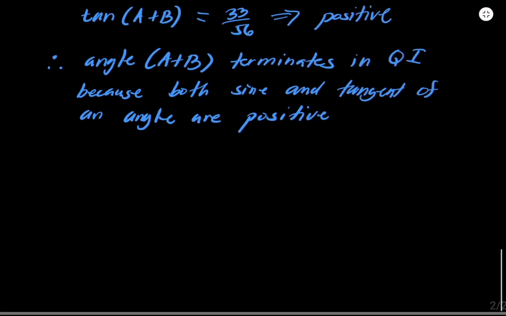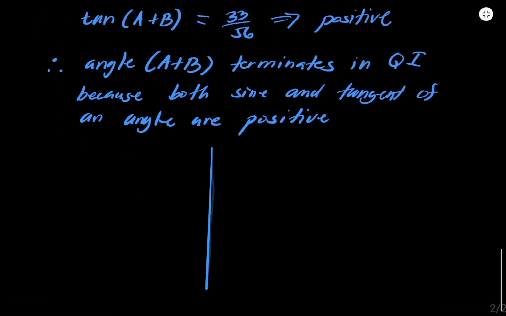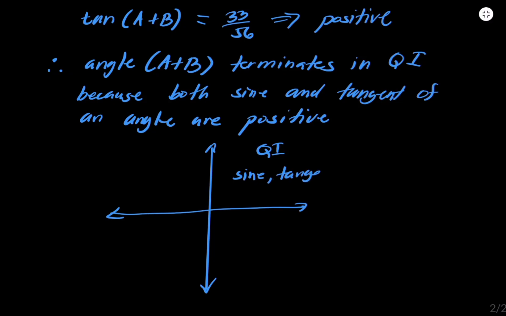Okay? Remember, if you have this Cartesian coordinate system, sine is positive on quadrant 1, and tangent is also positive. Okay?